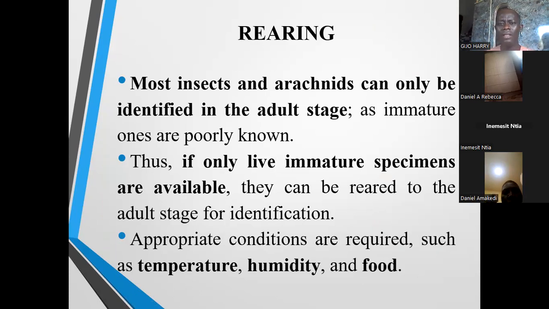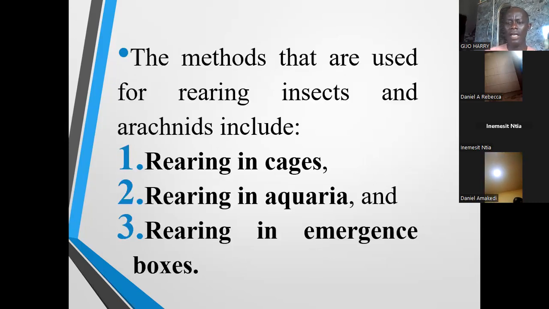You keep them in a suitable environment, with appropriate temperature, appropriate humidity, and food available. Particularly those in the larva or pupa stage need food to survive. They are kept and preserved until they mature, and then they are collected and properly identified.